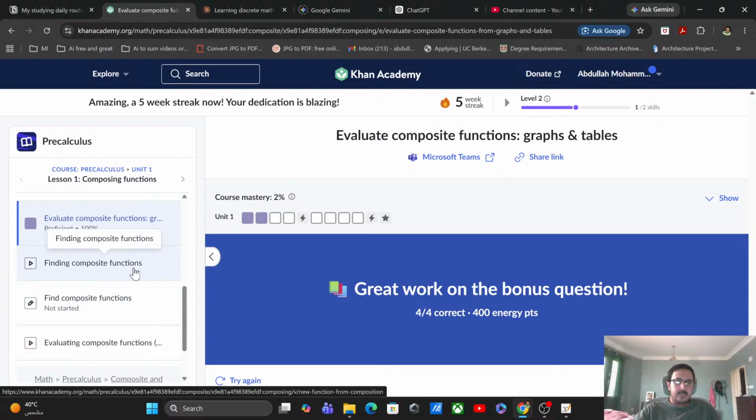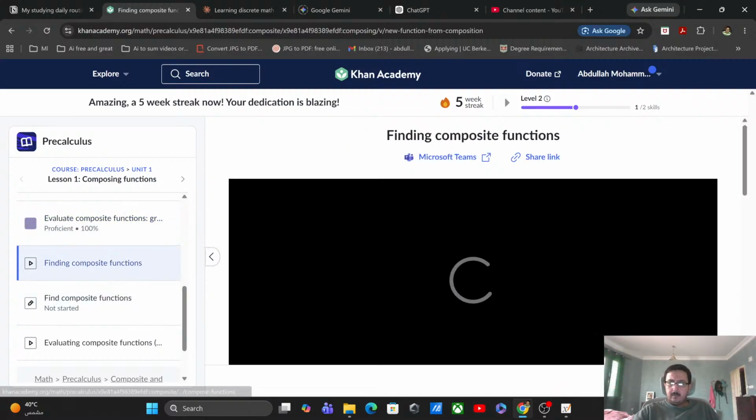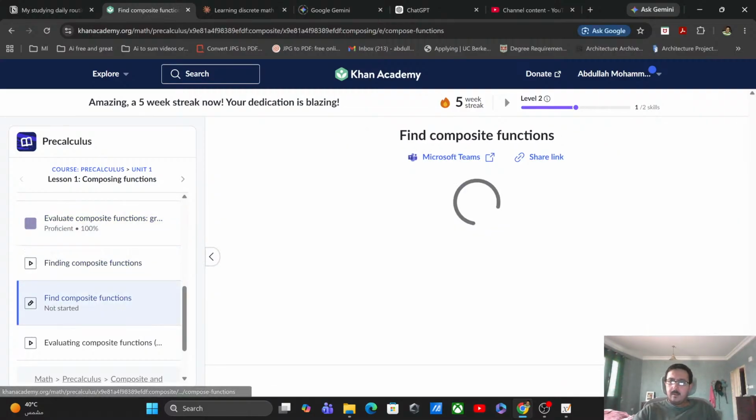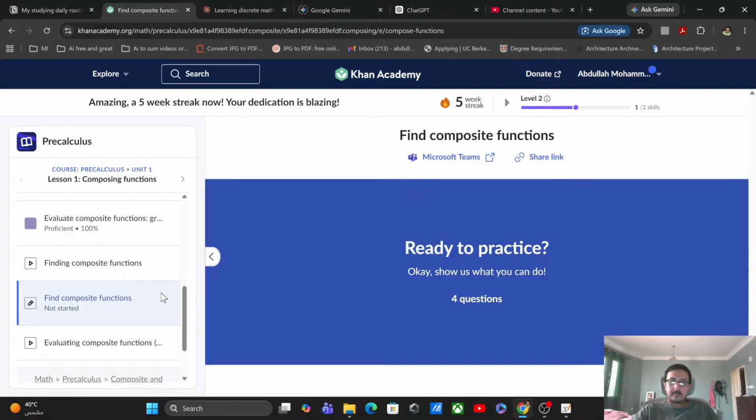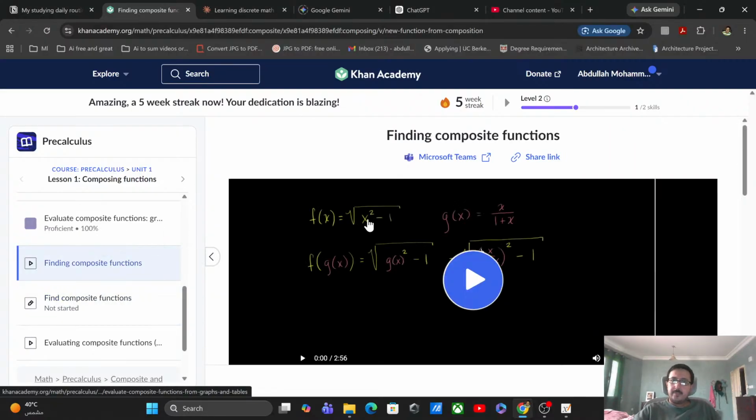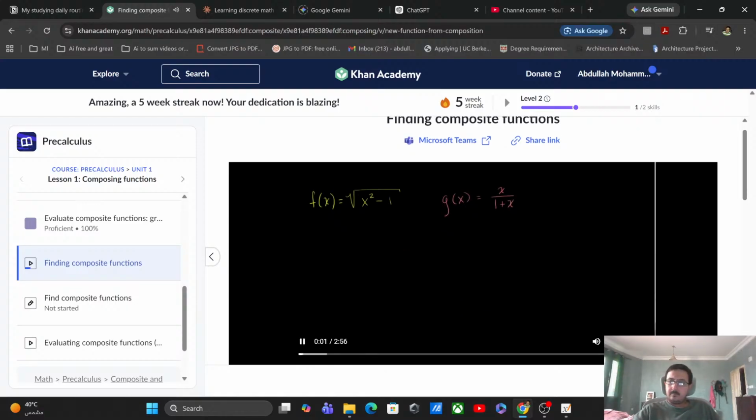Finding composite functions. When we first got introduced to function composition, we looked at actually evaluating compositions of functions at a point.